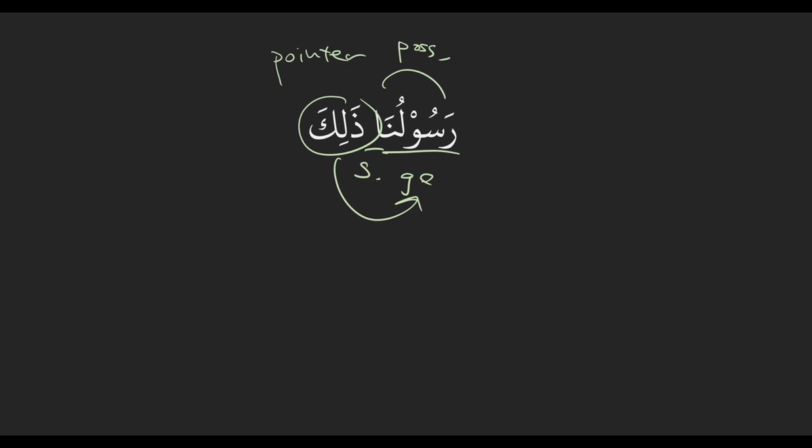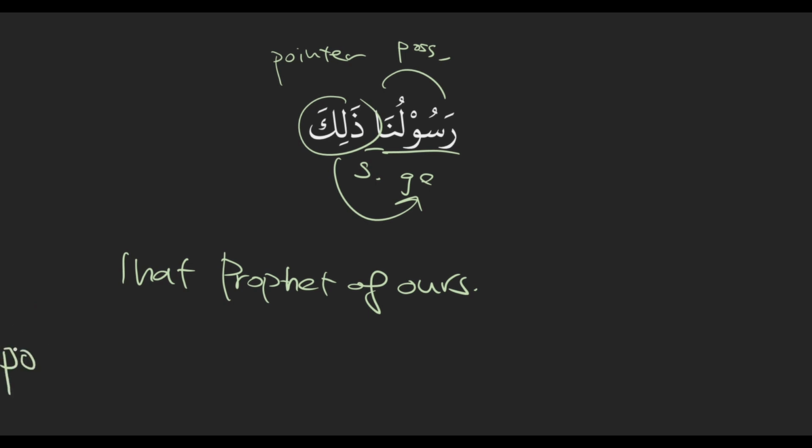And then translation. Dhalika is not this, it's that. That prophet of ours. So, summary of this lesson: when you want to point at a possessive fragment in Arabic, the pointer goes after the possessive fragment. Simple enough.